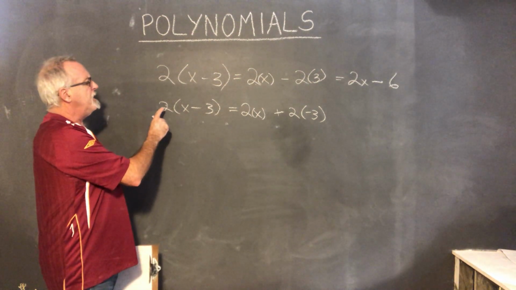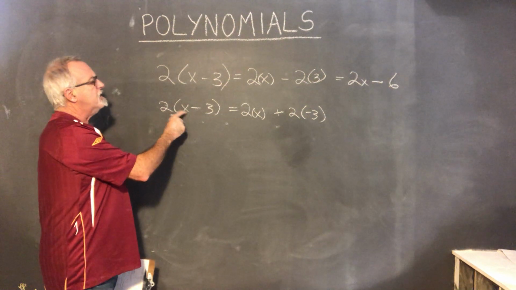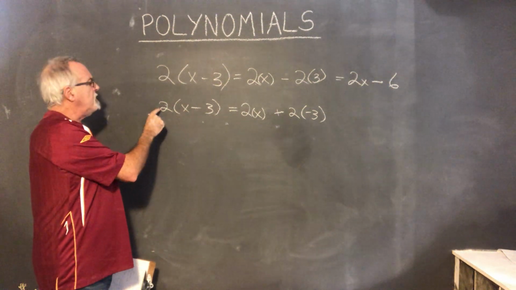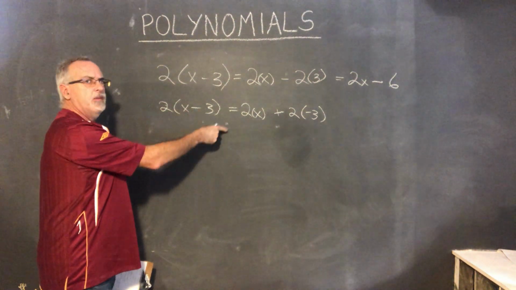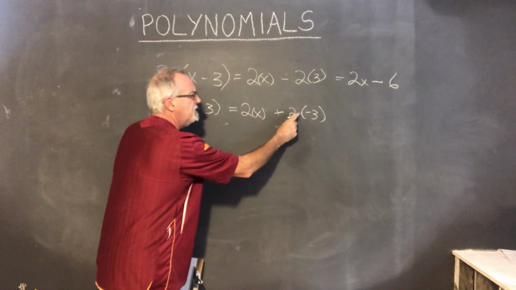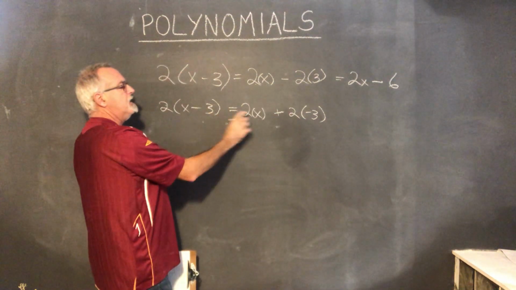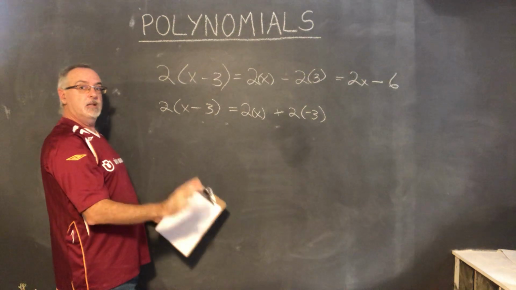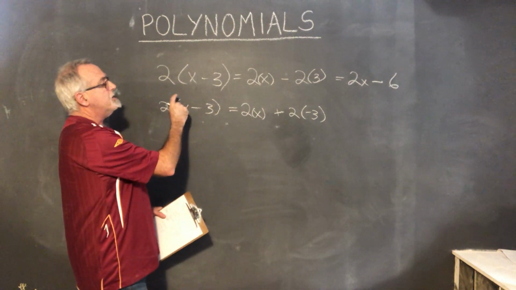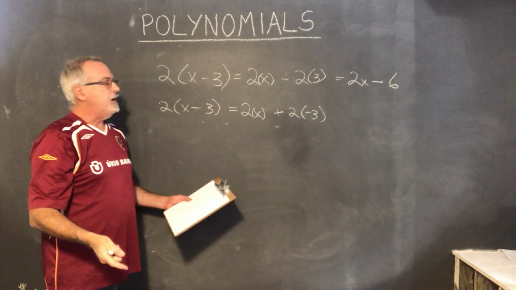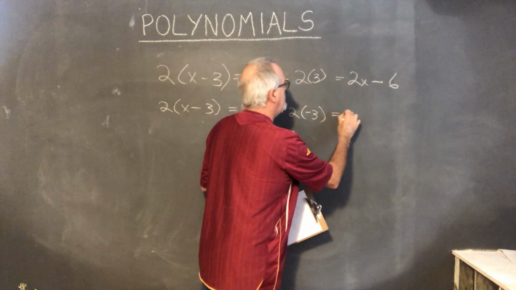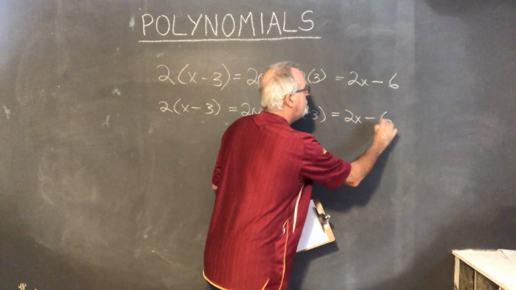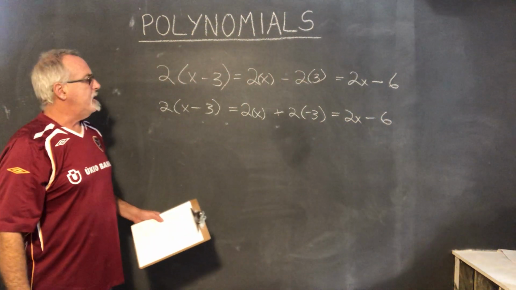Because you can say, yeah, but I'm doing 2 times x, then I'm also doing 2, which is positive, times something else. So in your mind, you would think this makes more sense. But you can't just not have that negative sign. It has to be in there. So really, either of these is a correct way of writing it. And they both end up simplifying into the same thing. Just thought I'd point that out.